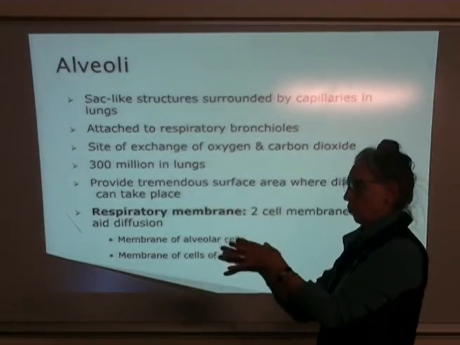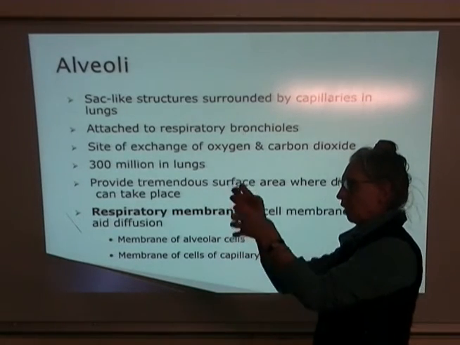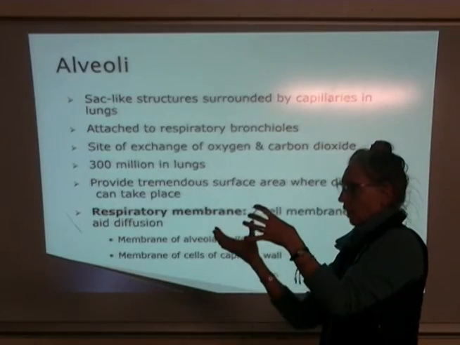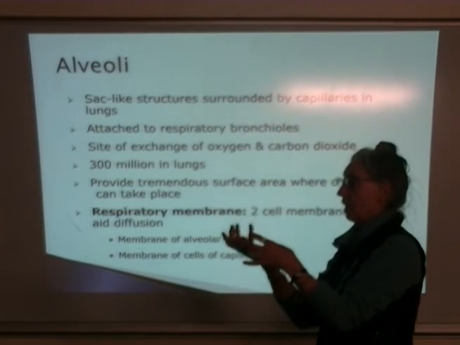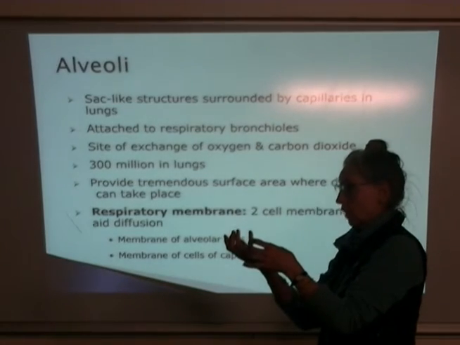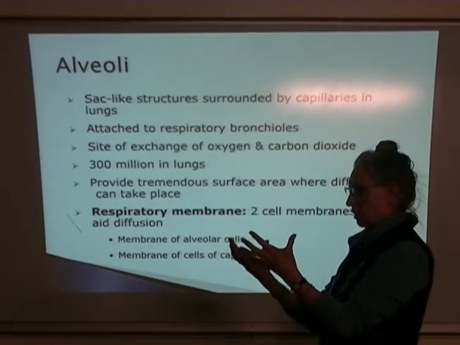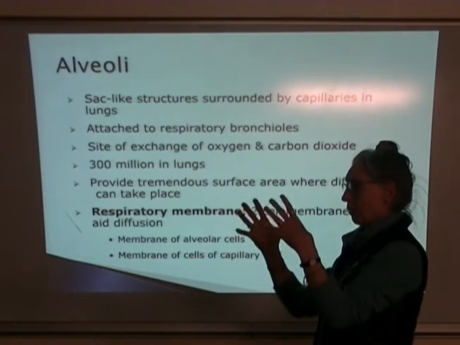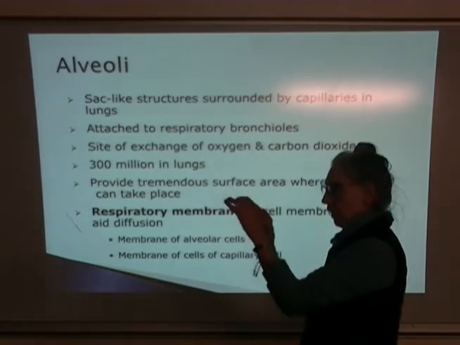Imagine a golf ball, and imagine 300 million golf balls, and then think about how that changes the surface area that is available for gas exchange. If we just had the lungs as a flat surface, we'd have nowhere near the amount of area that we do, because it's made up of these little balls, all right?